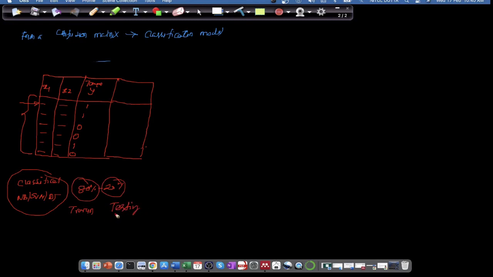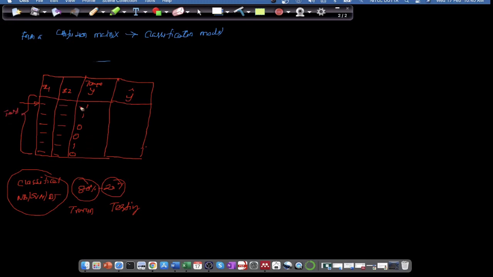What is the speciality of the testing data set? In the testing data set, we have the value of the target variable, and we also compute the predicted value of the target variable, y hat. This is the test data.